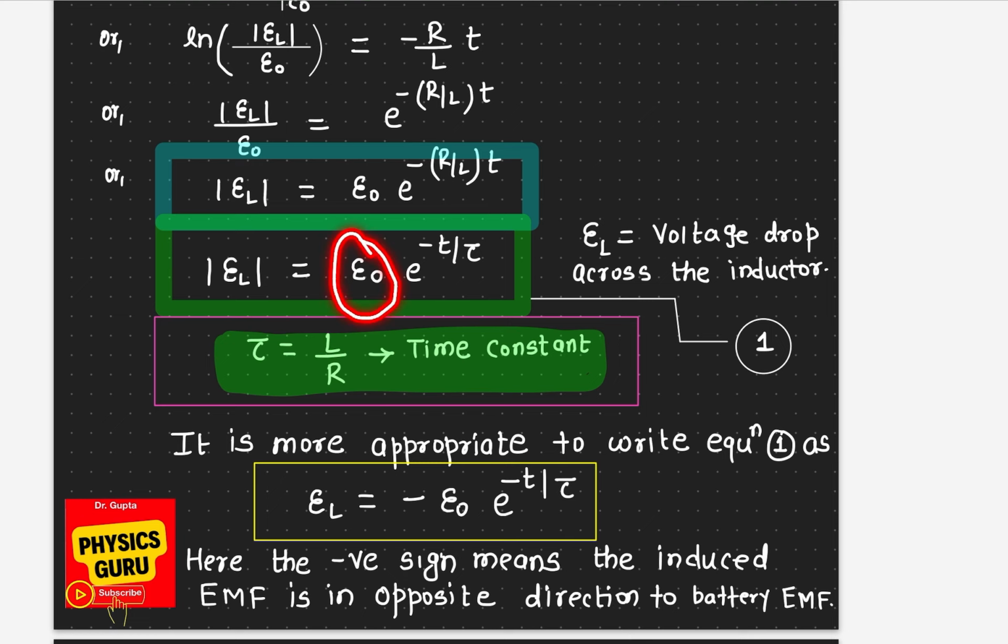E0 is the battery voltage, and this tau is the time constant, L over R. If you want to rewrite this, because this is the magnitude, in a more appropriate form, I can rewrite this equation with a negative sign here. The reason is this negative sign simply indicates which end of the inductor will be positive and which end will be negative.